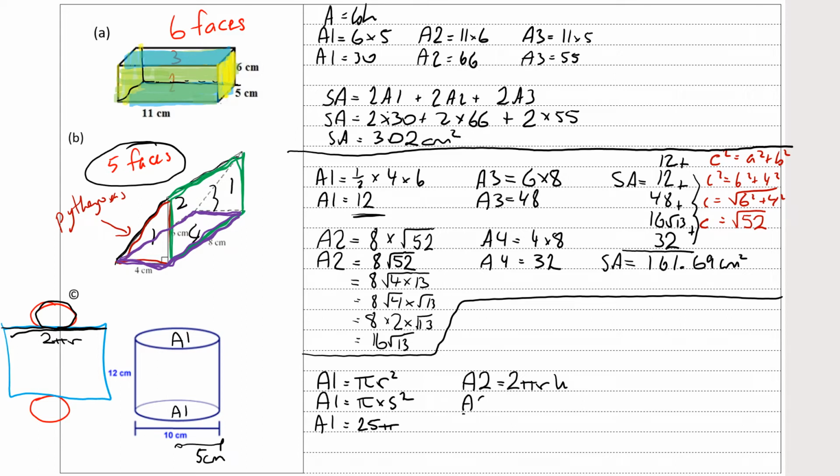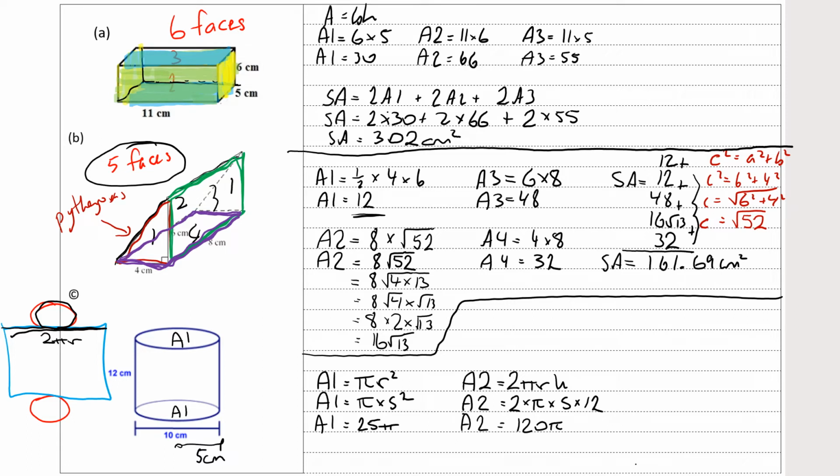So area 2 equals 2 times pi times 5 times the height, which is 12. So 2 times 5 is 10. 10 lots of 12 is 120 pi.